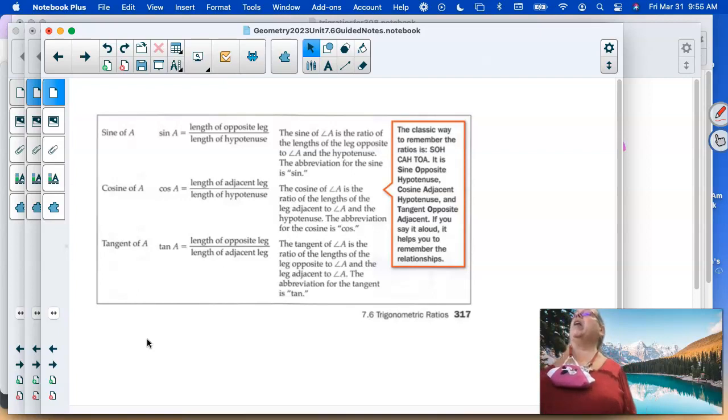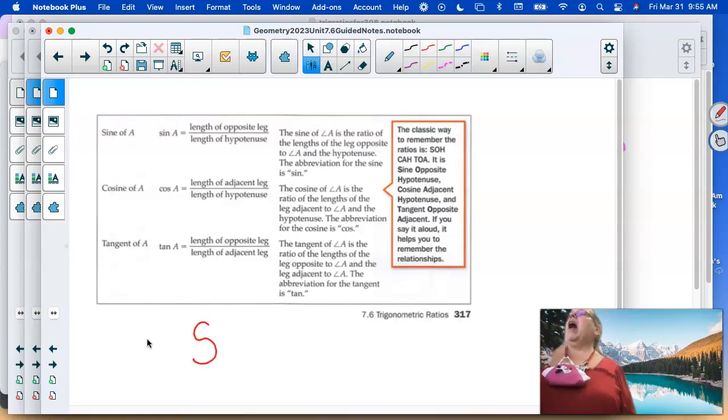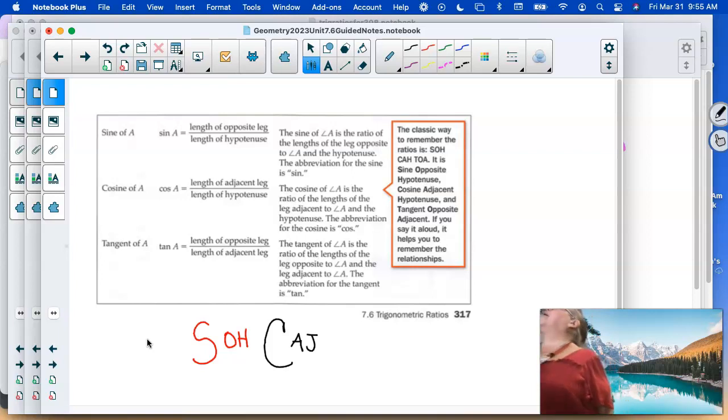Cosine is the adjacent side divided by Harry the hypotenuse. And tangent is the opposite side divided by the adjacent side. So the way to remember it is SOHCAHTOA.